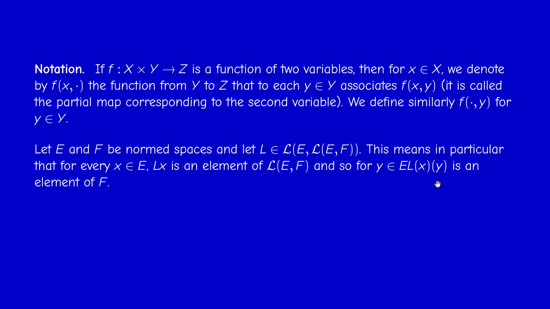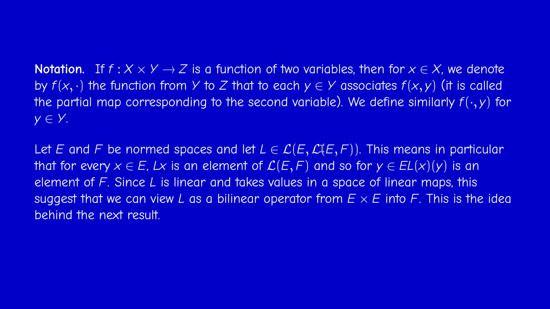So it's bilinear actually, but not linear in the couple, because we have two L's here. The linearity in x comes from this L, and the linearity with respect to y comes from this L. So we can identify an element in this space with a bilinear map from E times E into F. This is the idea behind the identification result that I will state now.